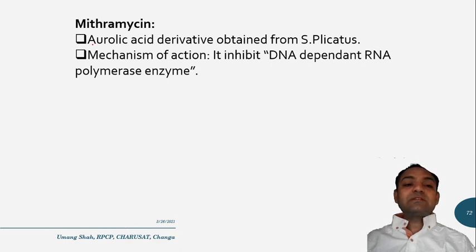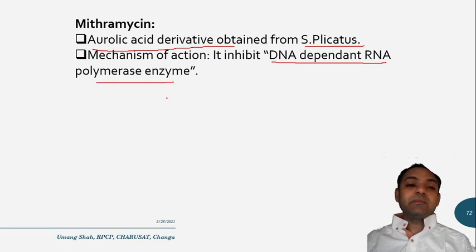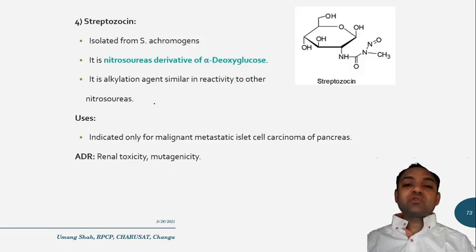Next is mithramycin, which is an aureolic acid derivative obtained from Streptomyces plicatus, and the mechanism is the same as actinomycin, inhibition of the DNA-dependent RNA polymerase enzyme. And last is streptozotocin, which we discussed in nitrosourea derivatives. Naturally it is obtained from Streptomyces achromogenes, and it is a nitrosourea derivative of deoxyglucose.